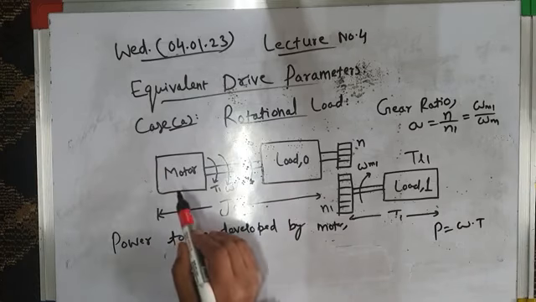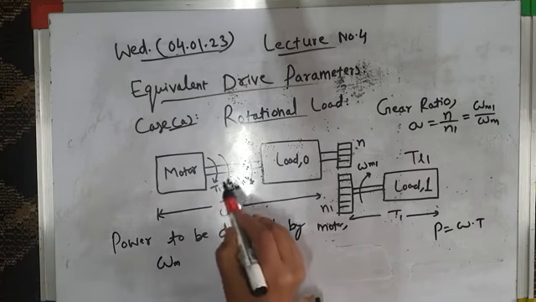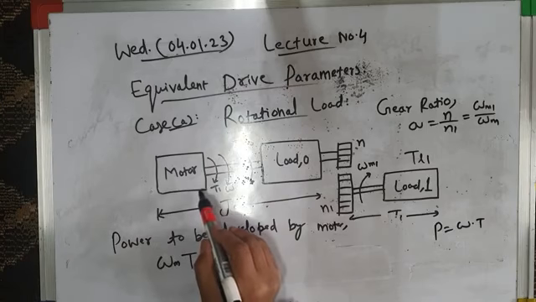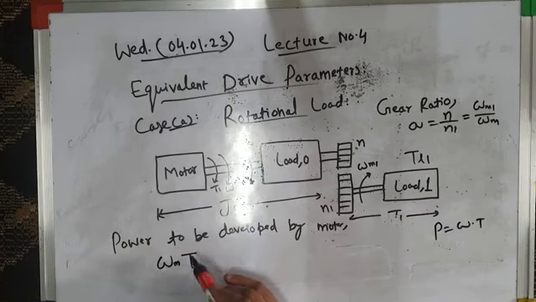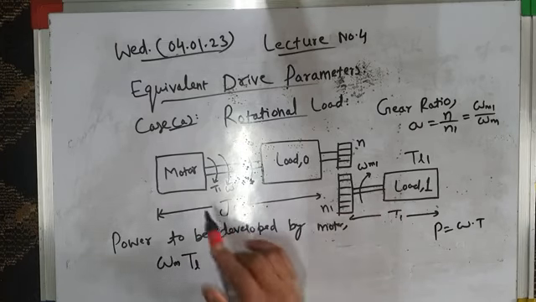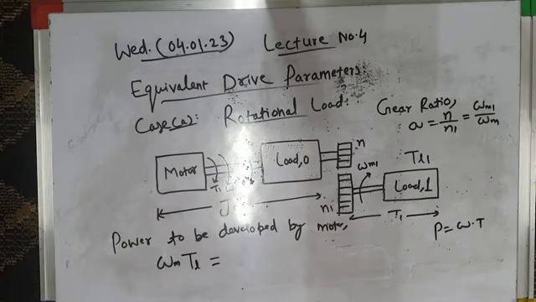So the power to be developed by the motor is equal to omega m, because omega m is the speed of the motor, into torque. Let me write the torque as TL, the total load torque, or total torque to be developed by the motor.